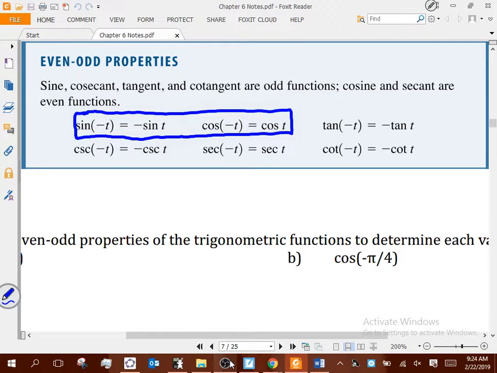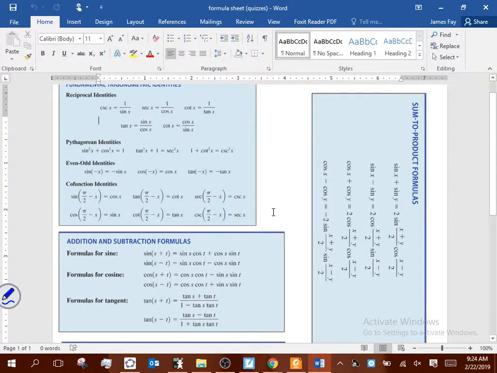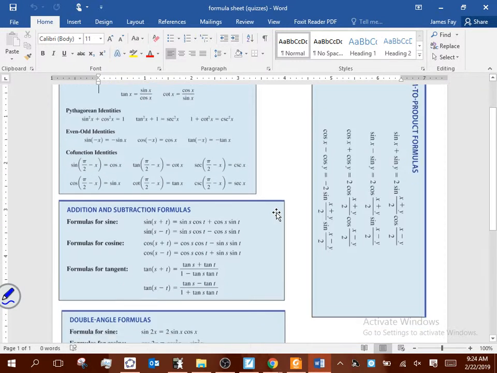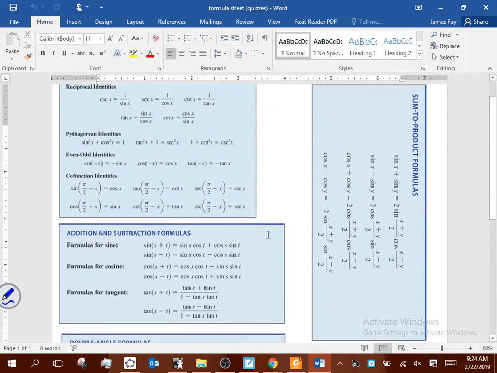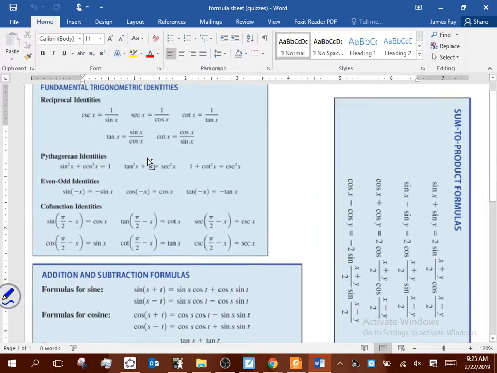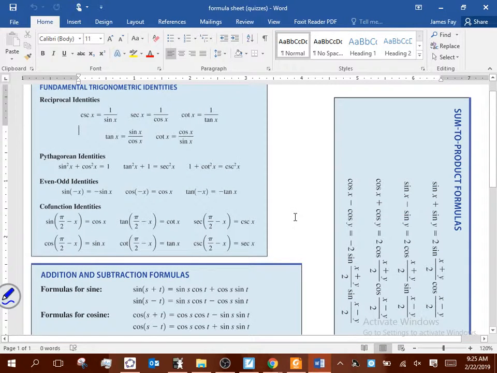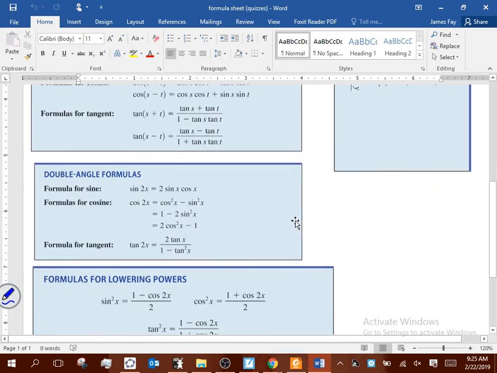If I look at this sheet right here, this is a Word document of pretty much, I don't want to say all, but a good portion of the formulas and things called identities that we're going to have to commit to memory at some point in this course.